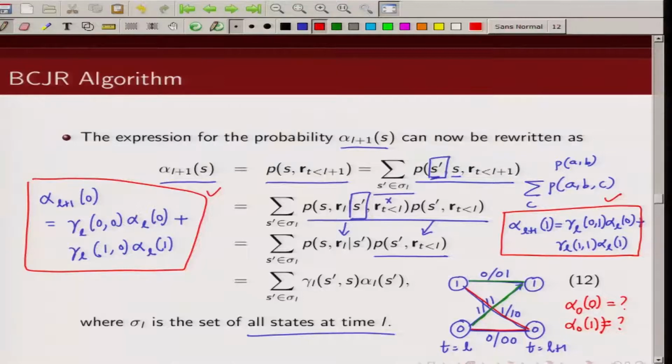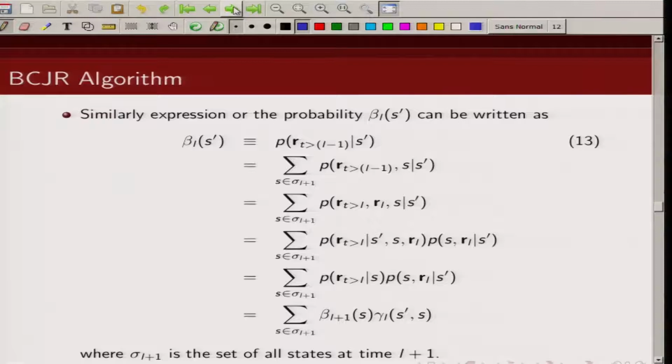If the encoder is in the all 0 state, then we consider this probability as 1, and all other possibilities of it being in any other state as 0. So, the initial value is alpha 0 at state 0 is 1, and alpha 0 at any other state is 0.